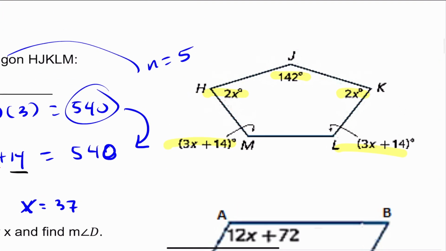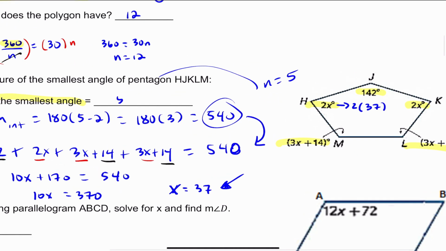Just by looking at it, the smallest angle should be this one, since it's the smallest expression. So I'm going to do 2 times 37, and that gives me 74 degrees.